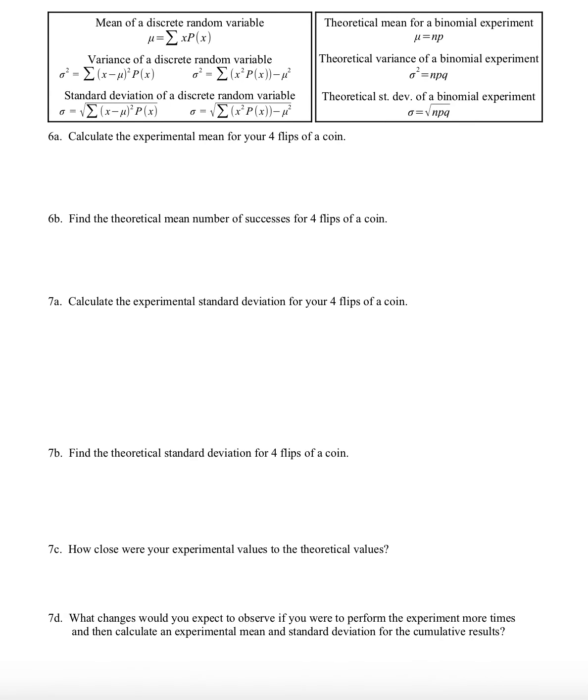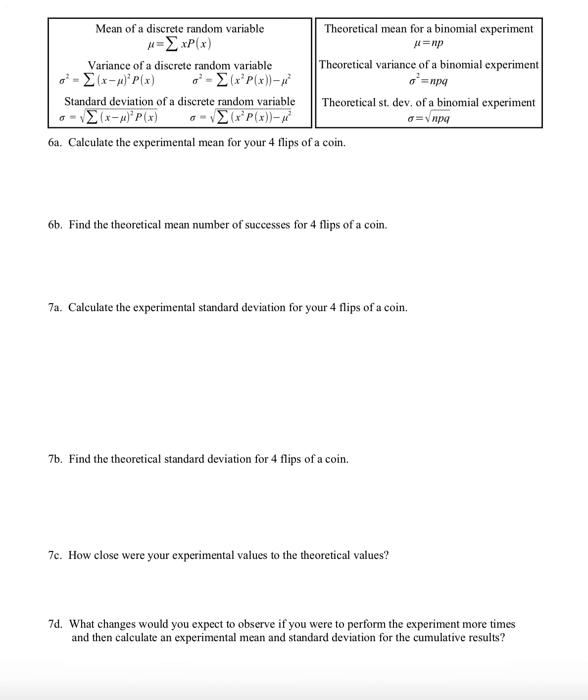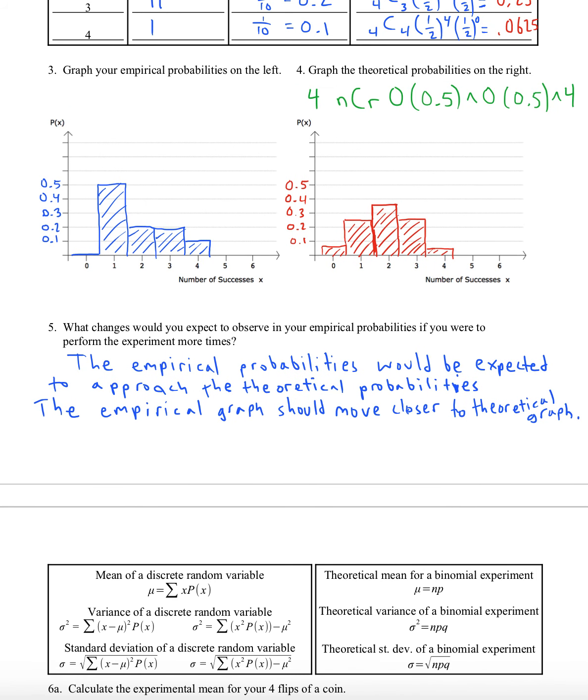All right, next, we're going to want to find the experimental mean for our 4 flips of a coin. One of the methods that we have for doing that is just to take our probabilities, 0.5, 0.2, 0.2, and 0.1, and 0, and multiply those by the x.